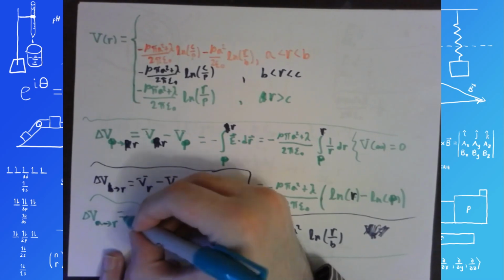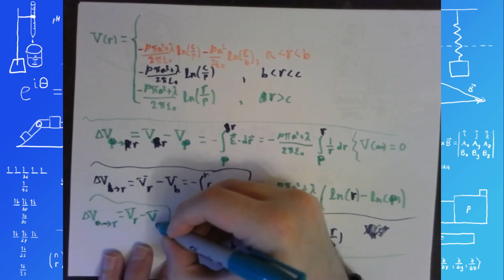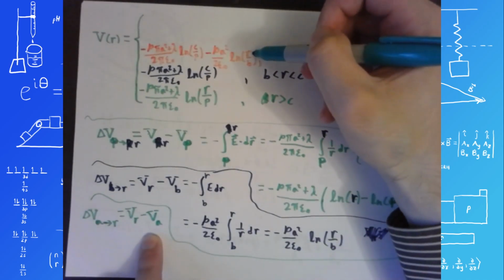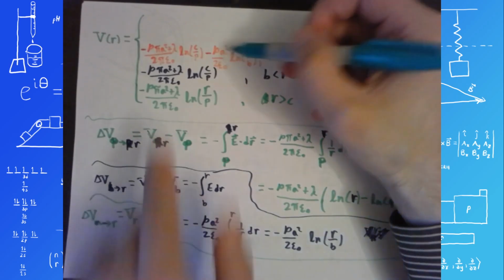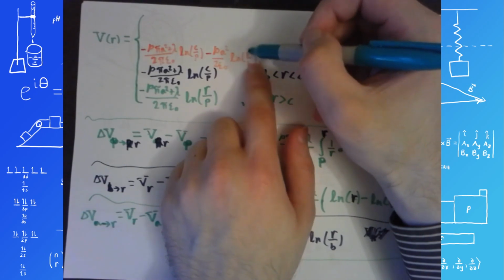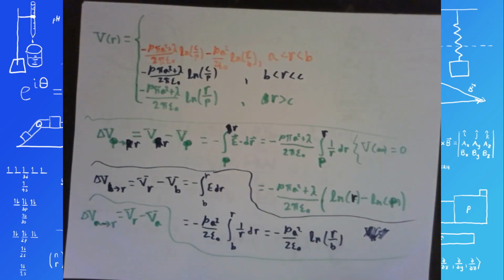So that's going to be V of the new r minus VA. VA is just going to be this expression plugging in a for r, so pretty much it'll be just this with natural log of a over b instead of r over b, so we'll add that in later.